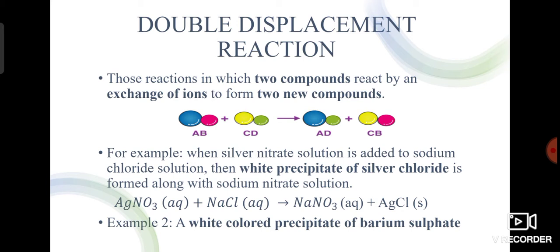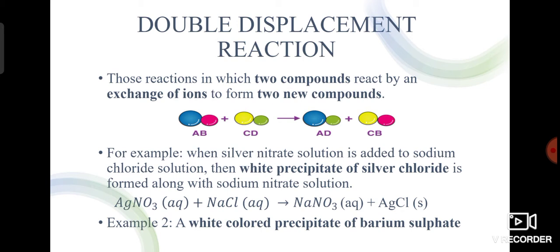Double displacement reactions are those reactions in which two compounds react by exchanging their ions. Now this clearly means, I hope this word is visible to you, by exchange of ions to form two new compounds, which means there are going to be two reactants and two products.